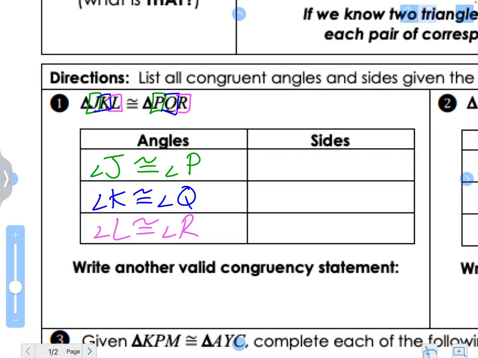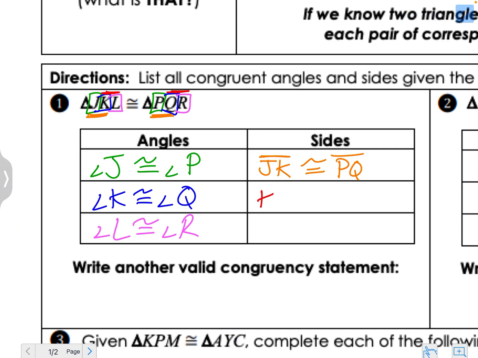So again, for sides, they have to be in the same order, just like the angles do. So if side JK, which is the first two letters, remember, we name sides or line segments by putting a line segment over top of them, JK is going to be congruent to the first two letters, which is PQ. Then we go to the second two letters, which is KL and QR.